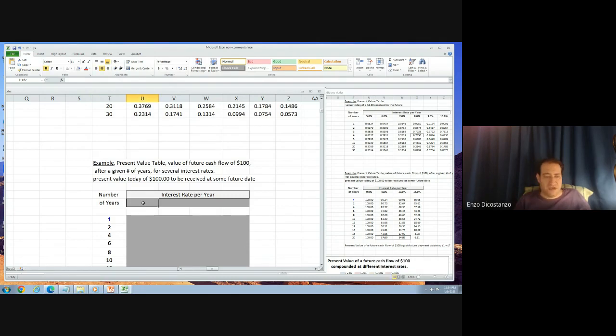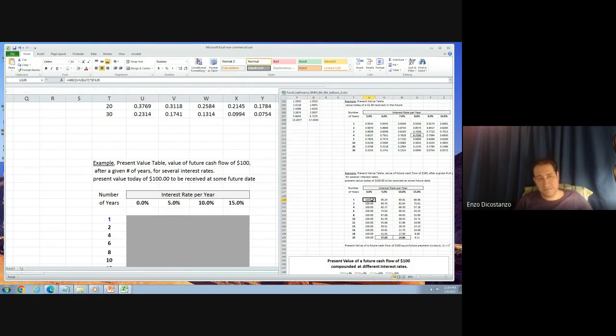And you're looking at 0%, 5%, 10%, 15%, right? We just enter those. Okay. I hard coded this.